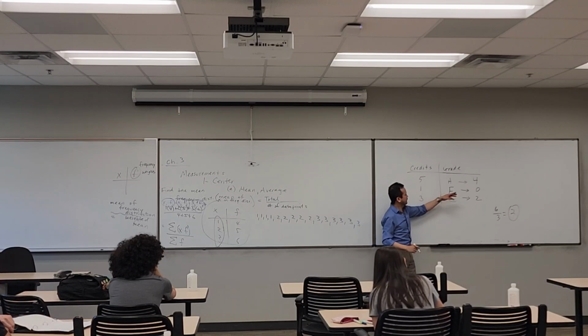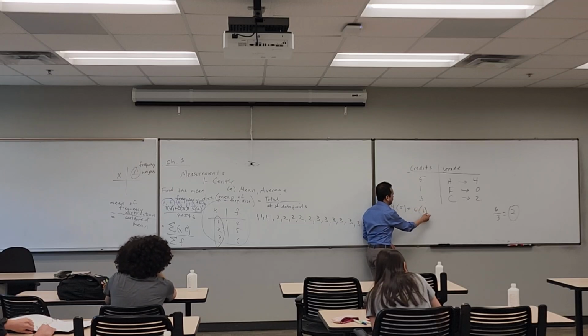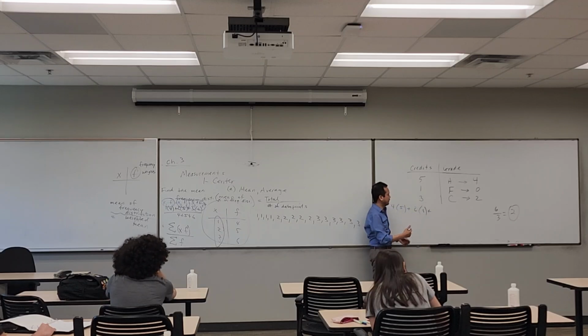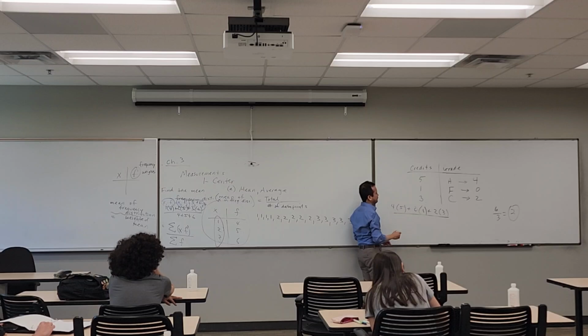This 0 is added by itself 1 time, so we add a 0, technically times 1. And this 2 is added to itself 3 times, or multiplied by 3. And then we divide by the total number of numbers.